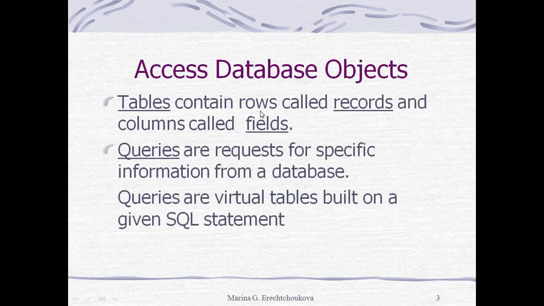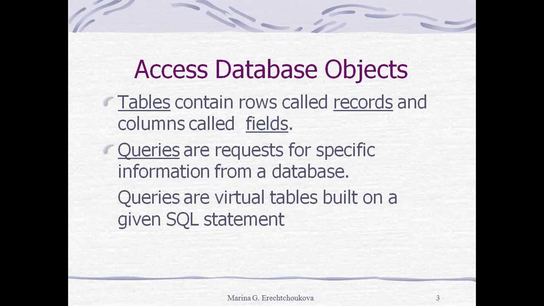Let's understand some of the basics of MS Access. As I said earlier, MS Access or RDBMS is all about creating tables and storing data in those tables. In MS Access, data always gets stored in the form of tables. Tables contain rows, which are technically called records, and columns, which are called fields.